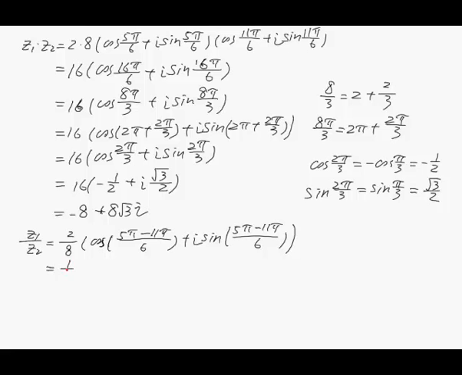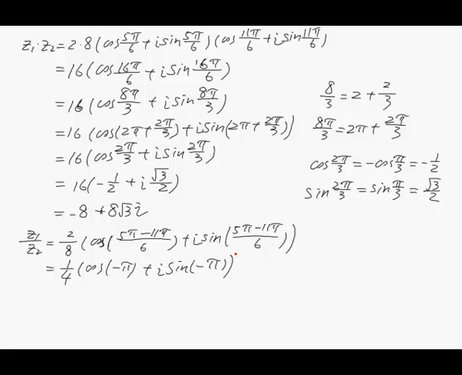You have the 1 over 4 times cosine. So 5 pi minus 11 pi, you have the negative 6 pi. Negative 6 pi over 6, you have the negative pi. Same here, you have the sine of the negative pi.